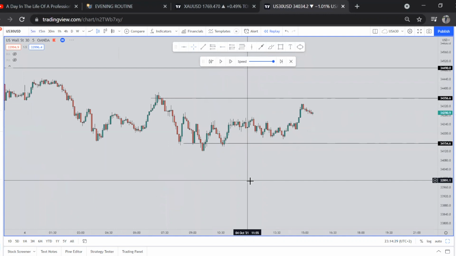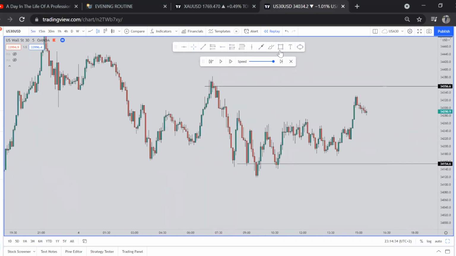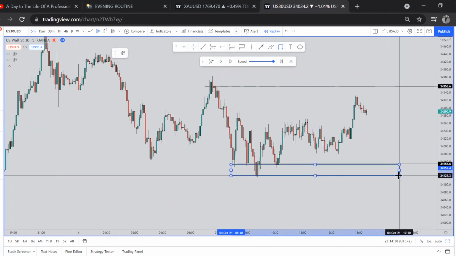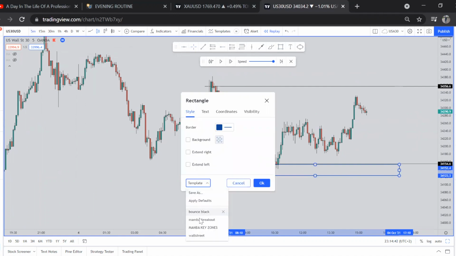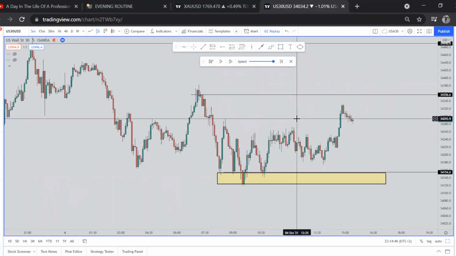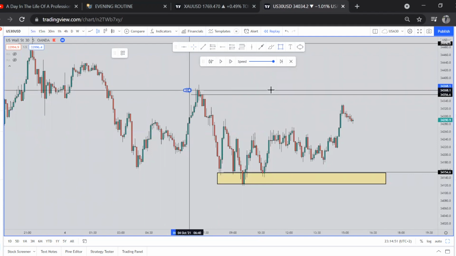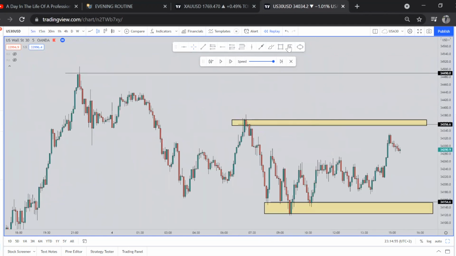So I go down to my 5-minute time frame. On my 5-minute time frame, guys, you can see that we have this area here, and then we have this resistance here, and then we have this resistance.